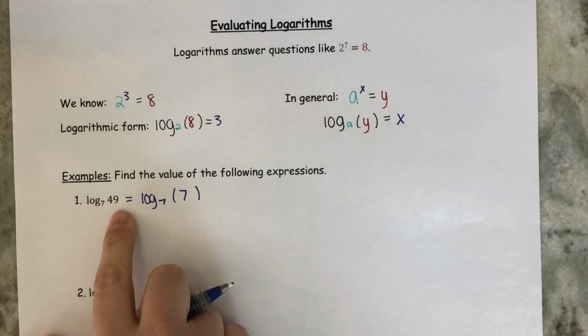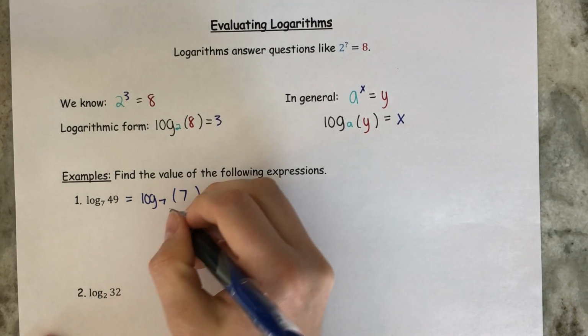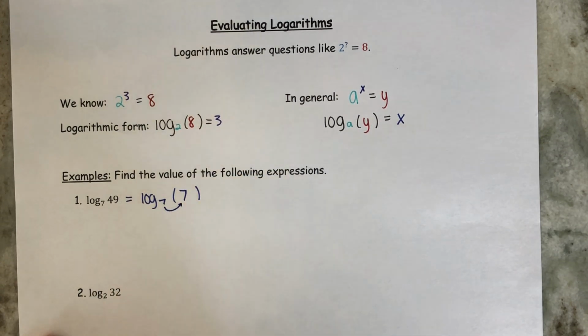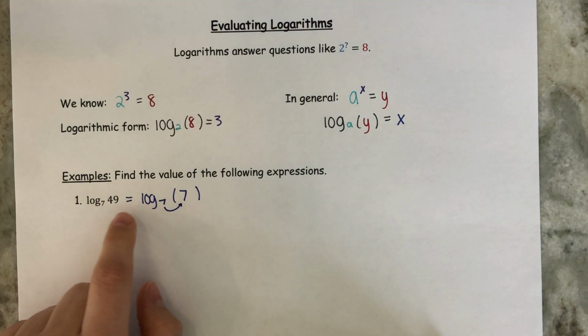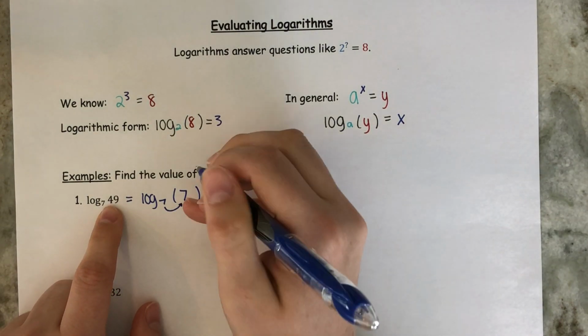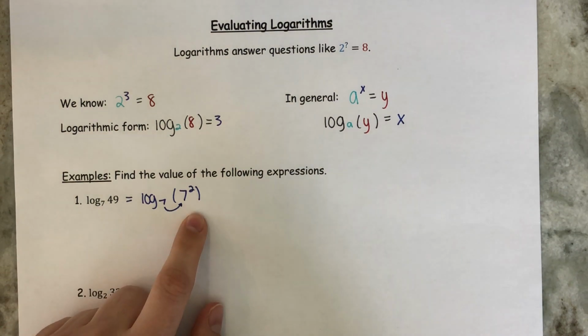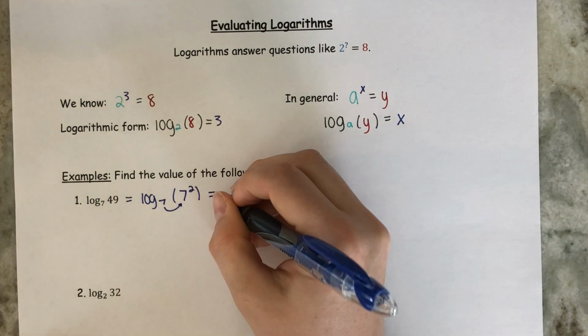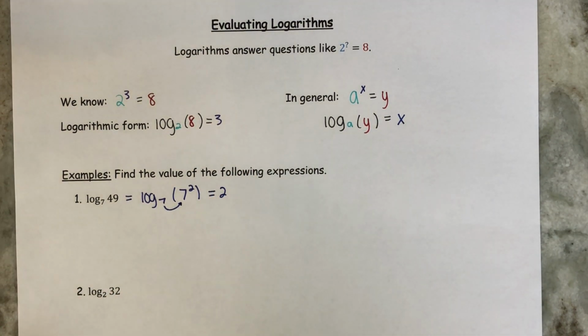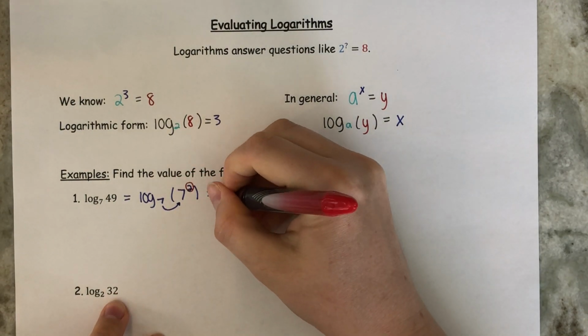So originally we had 49 in there. I'm taking that 7 and rewriting it in here, and I wanna write 49 as 7 to the power of 2. And our answer for this is actually that exponent. So we get our answers from the exponent.